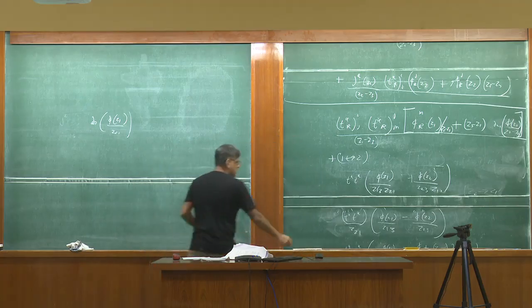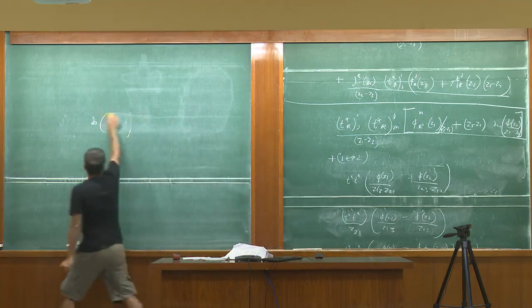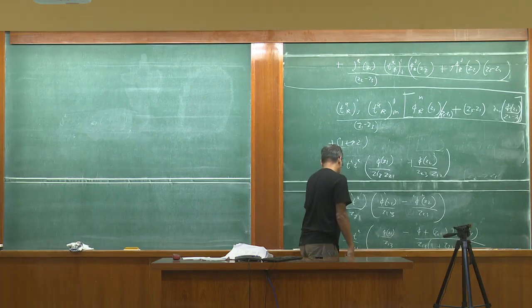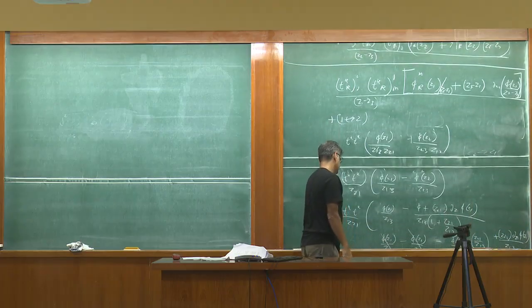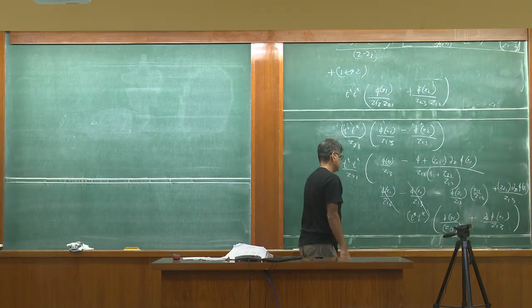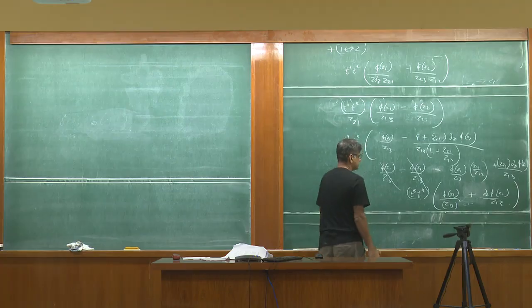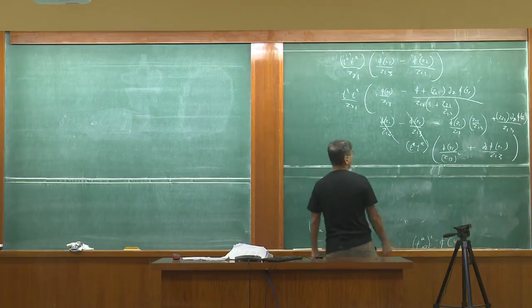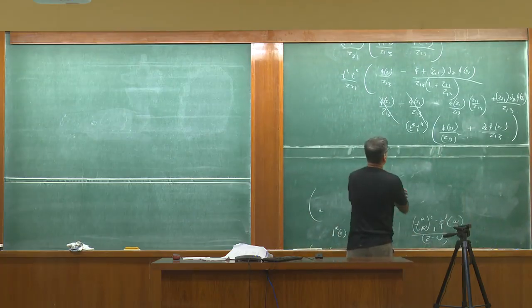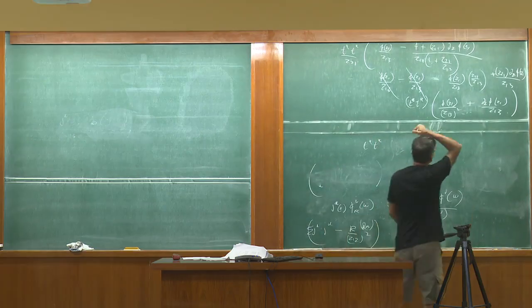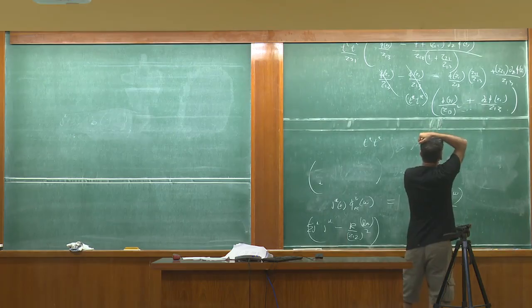Okay, so let's add it up now. It's a bit odd, but let's add it up. So this gives us TA, and now is this the same as phi Z3?